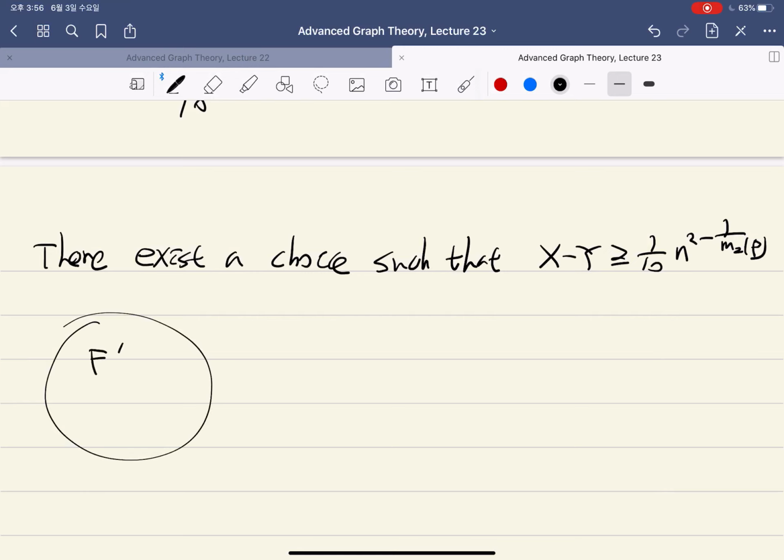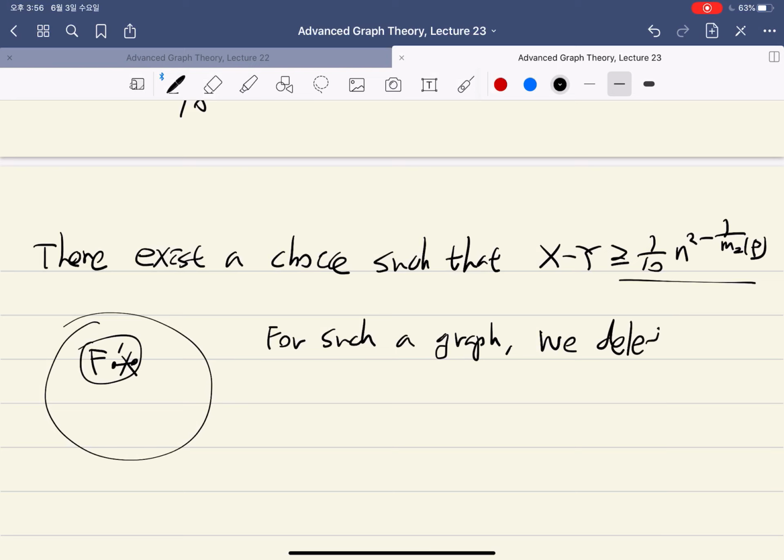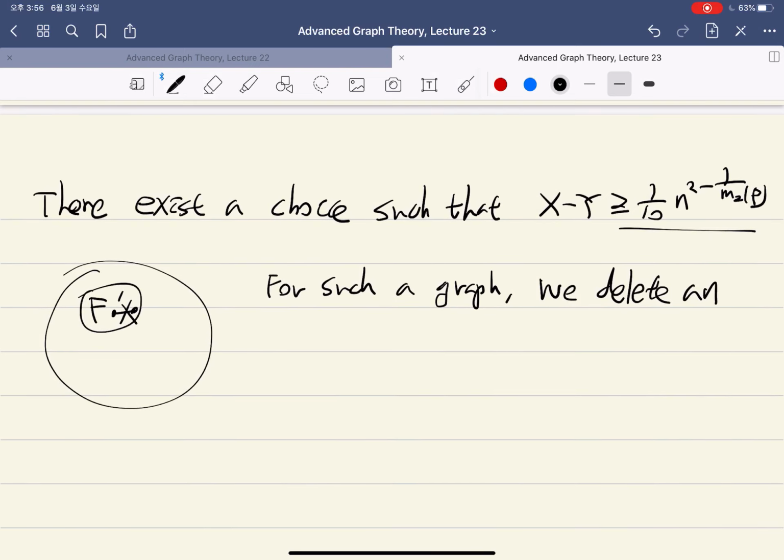And every time we see a copy of F prime, we delete an edge. Then how many edges do we have to delete? At most Y edges. And there are X edges, and then the remaining edges have at least this many edges. We delete an edge from each copy of F prime.